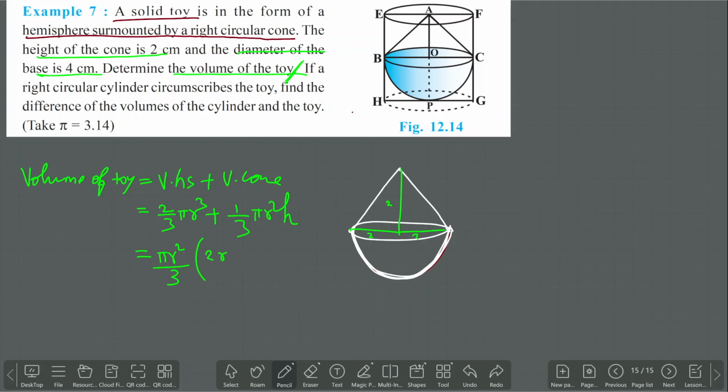Here 2r remains, here just h alone remains. Am I right, children? Is the pi value given? Yes, 3.14. Radius is given as 2, diameter 4 clearly mentioned, h value 2. Simplify and you will get the answer.